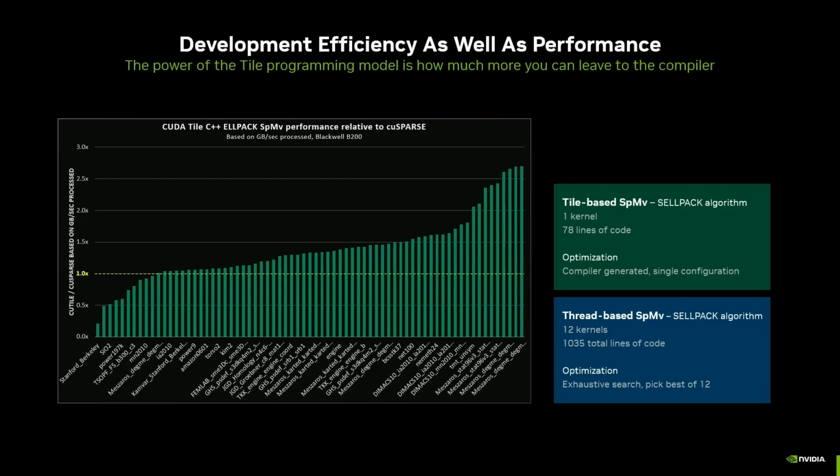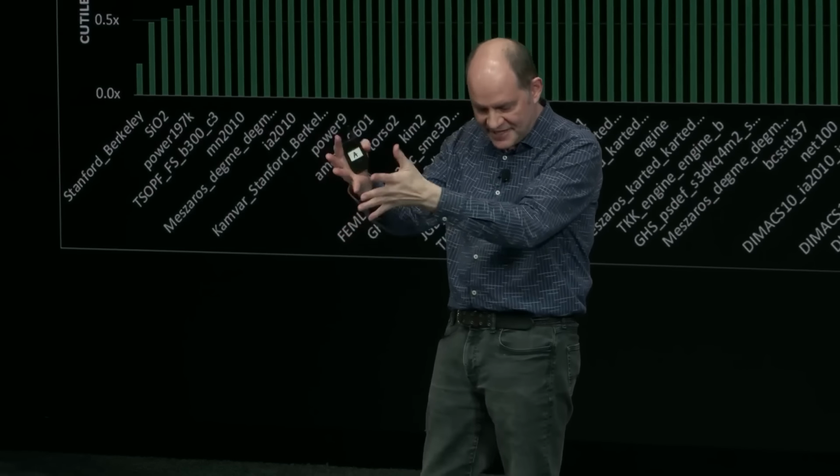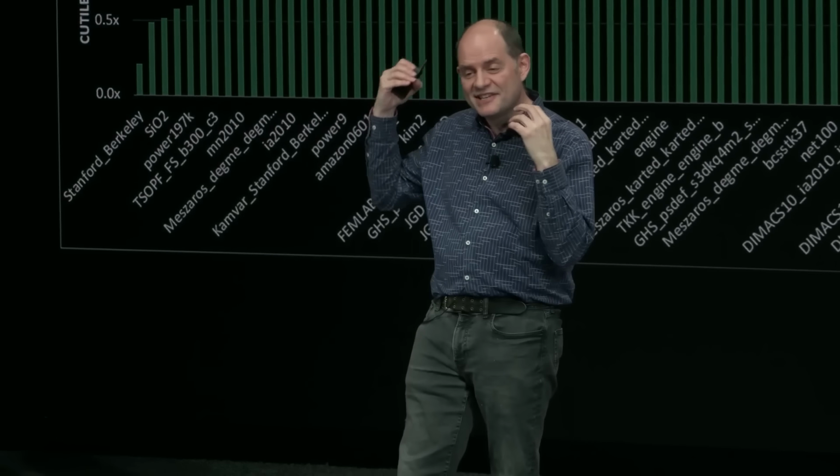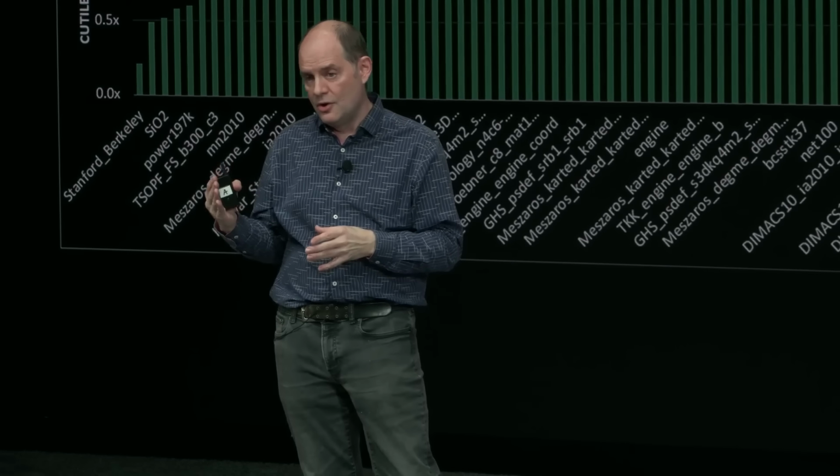It turns out that if I take the tile compiler and I express my problem in this higher level array-based model, the compiler can do a lot more with it. And so I can put one kernel where previously, in this specific case, doing it in thread level would require 12. And so something which is 78 lines of code long can perform equally to 1,000 lines in 12 different kernels.